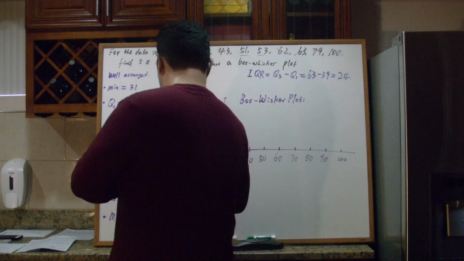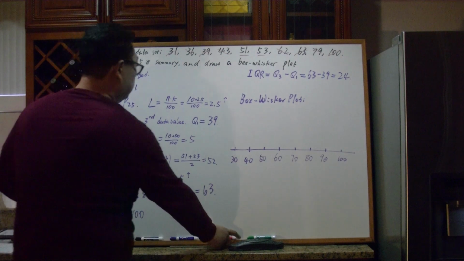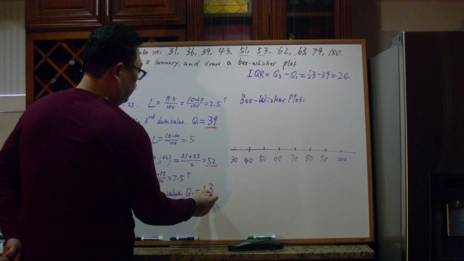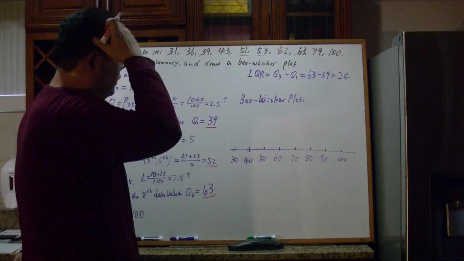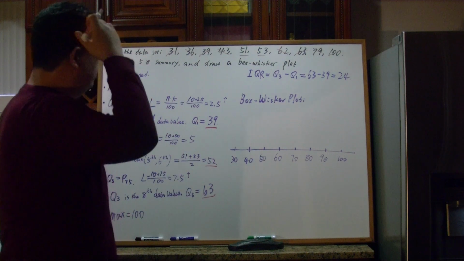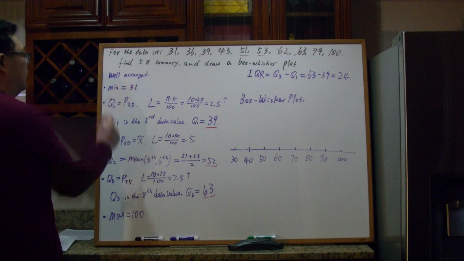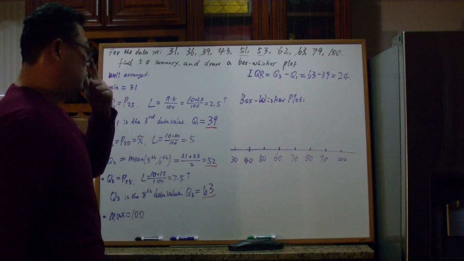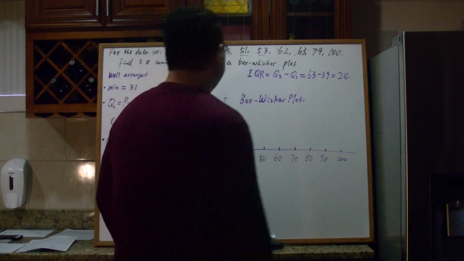How we draw the Box-Whisker plot is we use the middle three, Q1, Q2, and Q3, to build the box. And after that, we use the minimum and maximum to connect to the box.